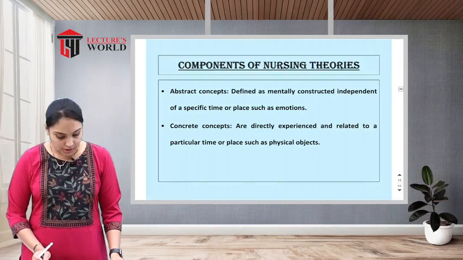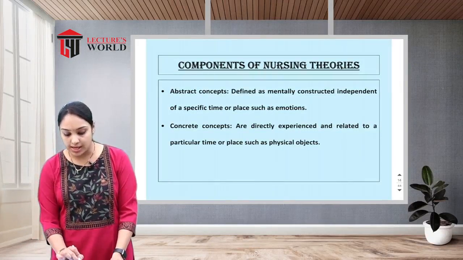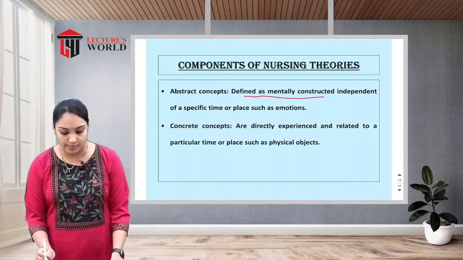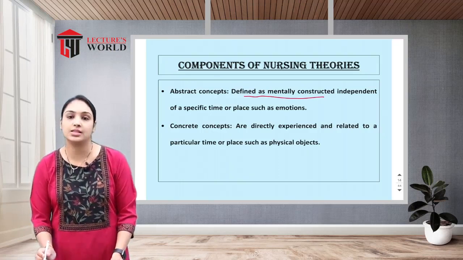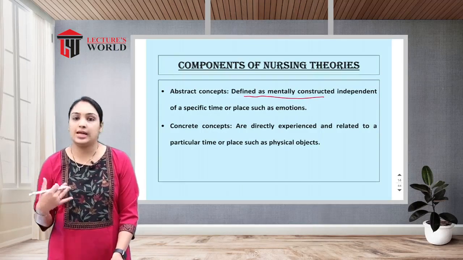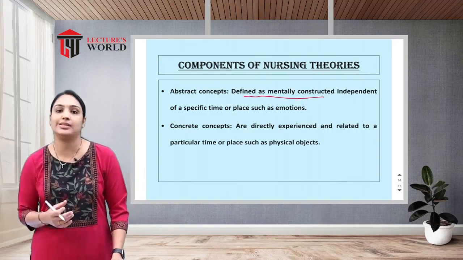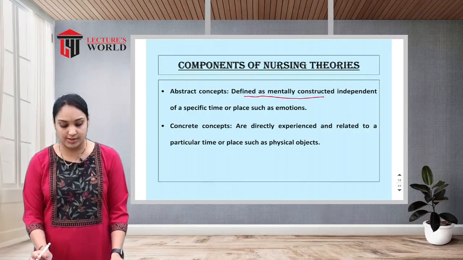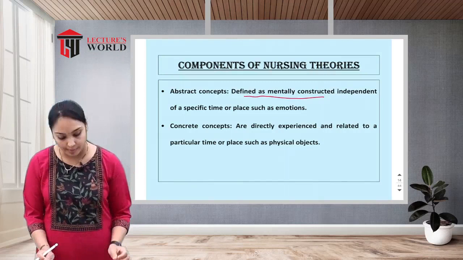Concepts can be abstract or concrete. So what is an abstract concept? An abstract concept is defined as mentally constructed, independent of specific time or place, such as emotions. Emotions are mentally constructed, independent of specific time and place, and are known as an abstract concept, constructed in our mind.